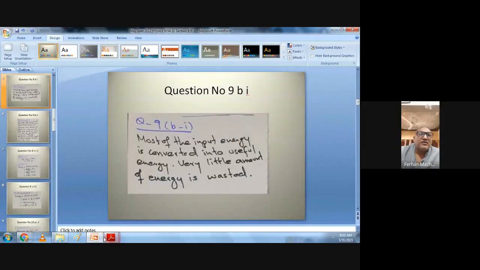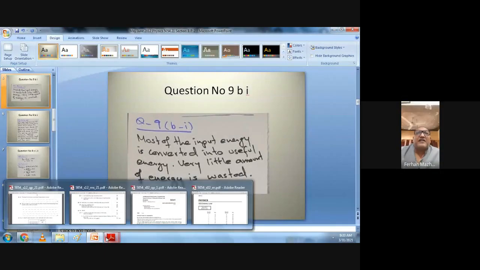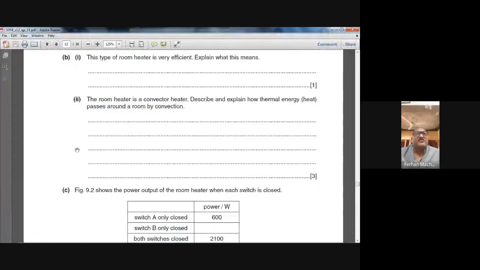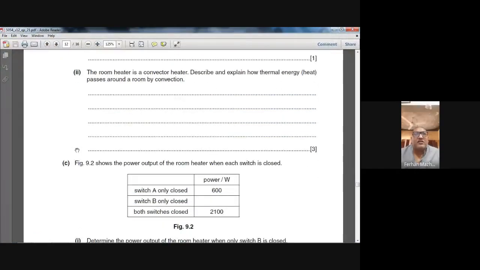Okay. So let's move to the next part. He says the room heater is a convector heater. Describe and explain how thermal energy passes around a room by convection. A very, very famous question. You see, the air which is near the heater will absorb the thermal energy. The molecules of the air will move away from each other.